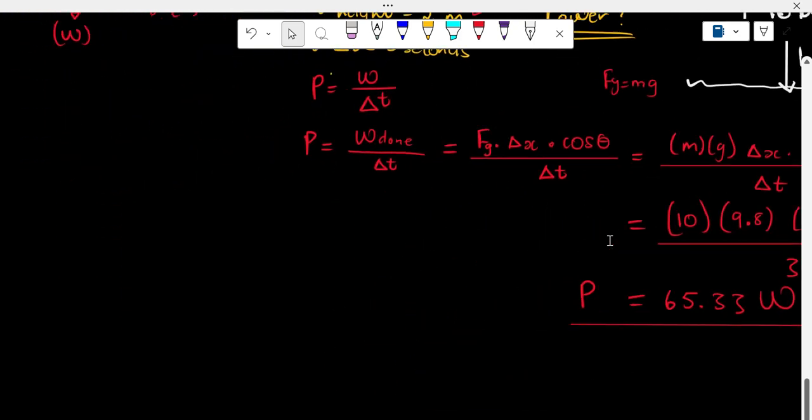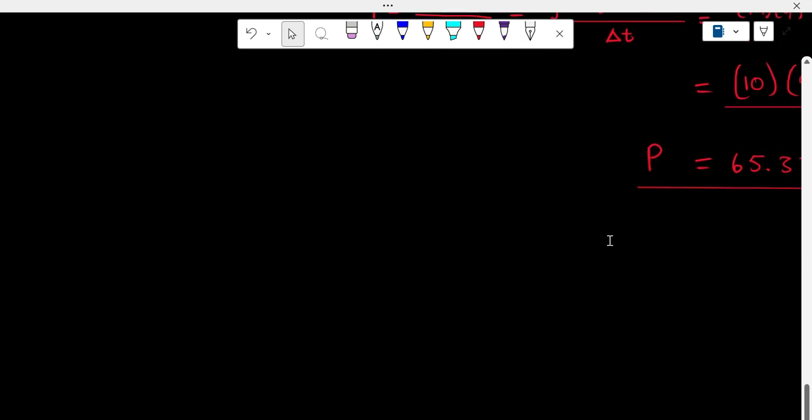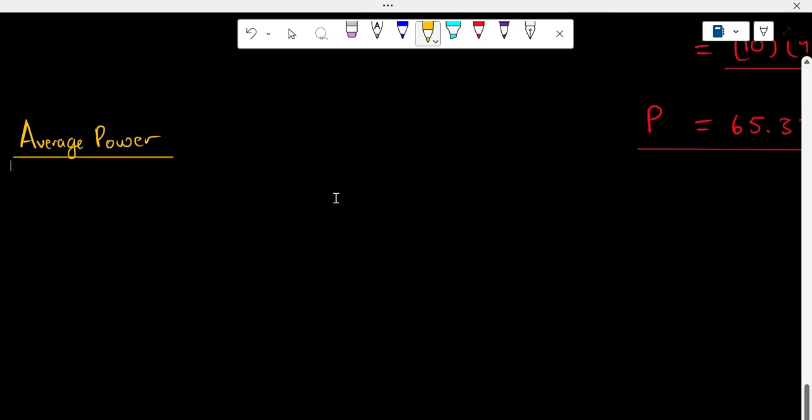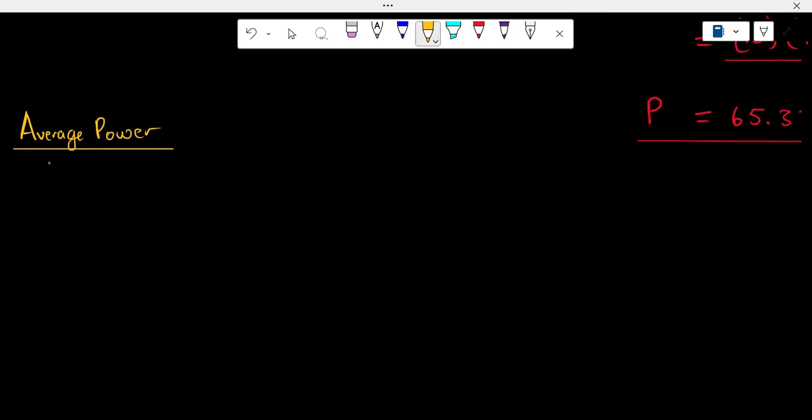Okay, now I want us to focus on average power. It's just an addition to this whole thing. Now, please keep in mind, when we're dealing with average power, we deal with constant velocity.